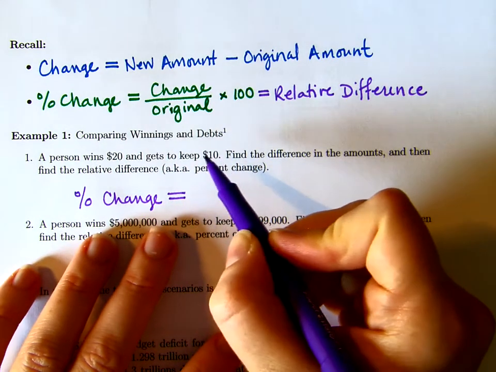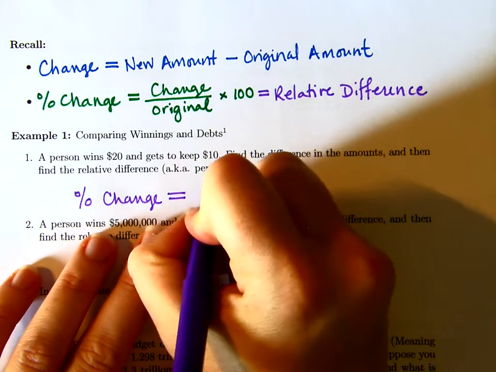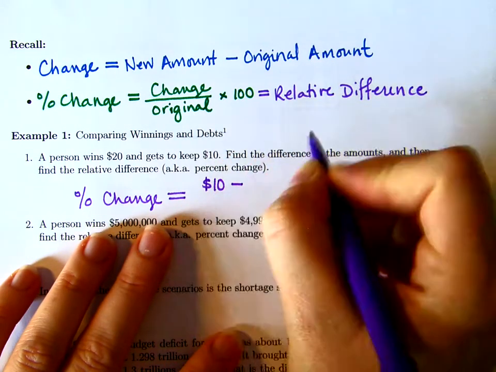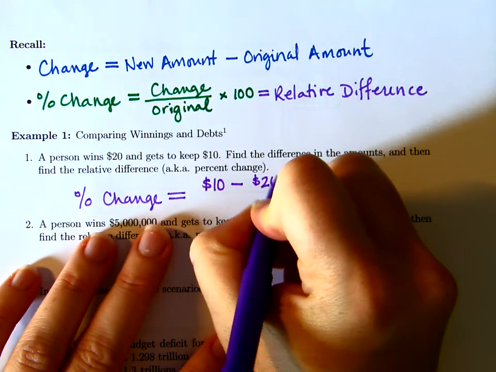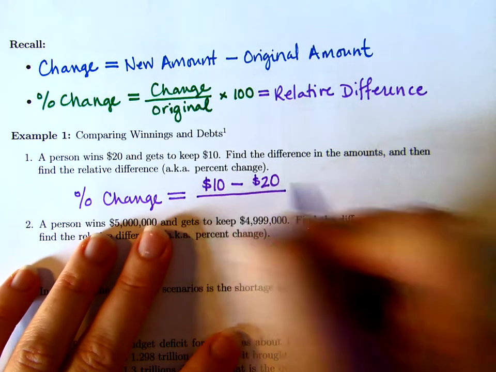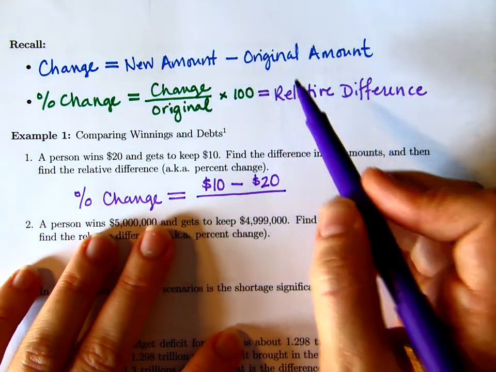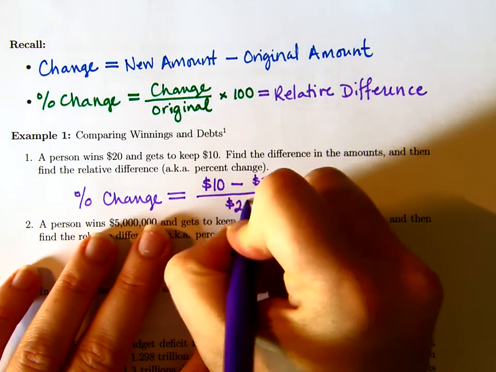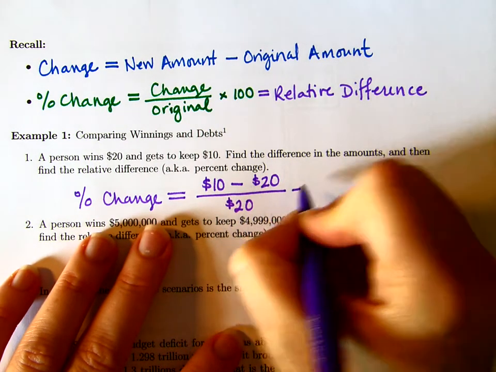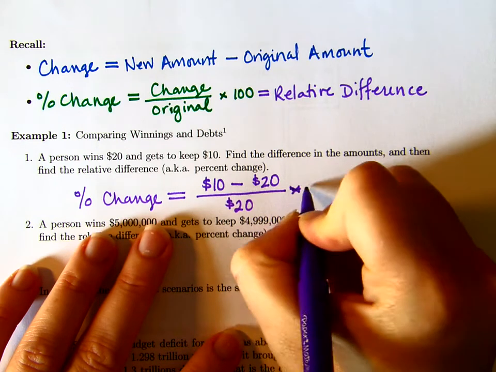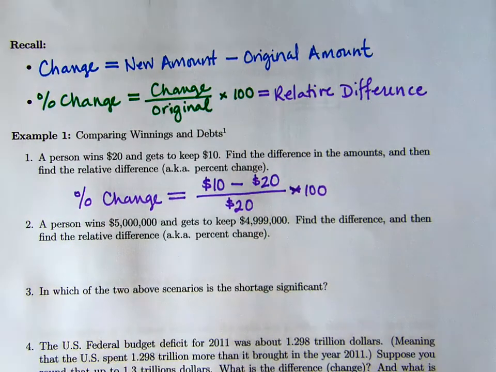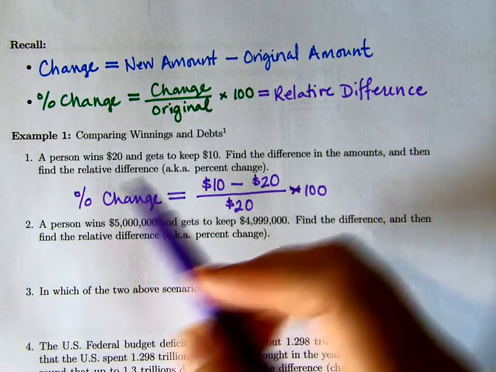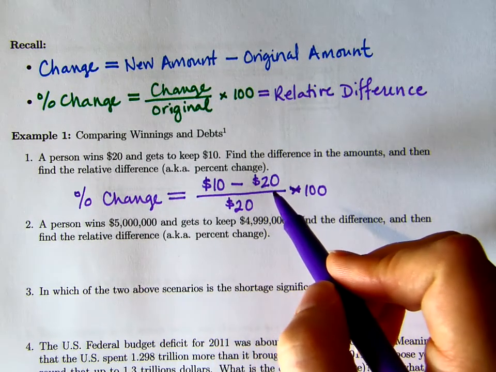So the new amount, 10 bucks. Originally, the winnings were 20 bucks. And we are comparing that to the original winnings of 20 bucks. Okay, and I'll put this percentage part of it.